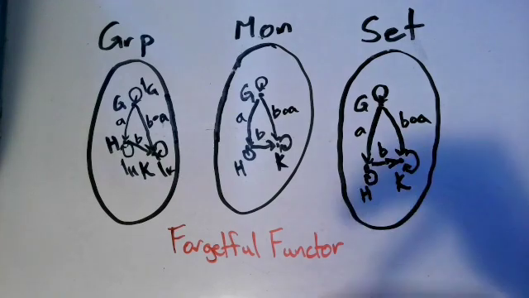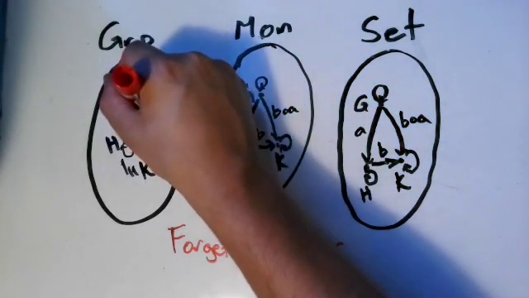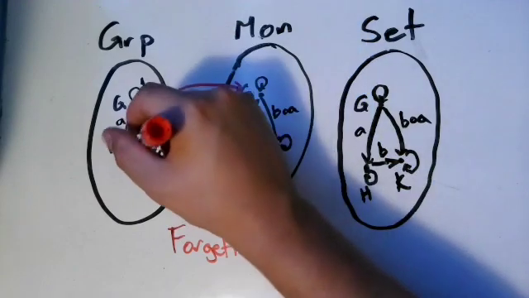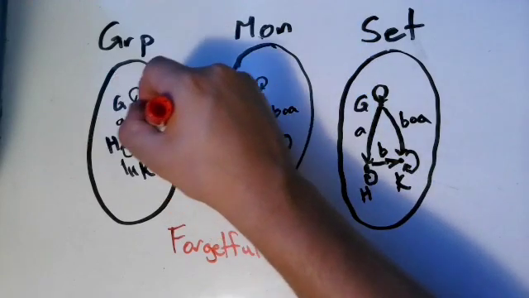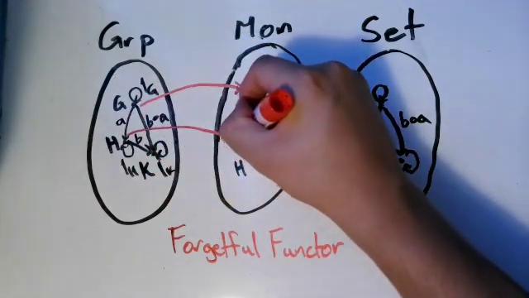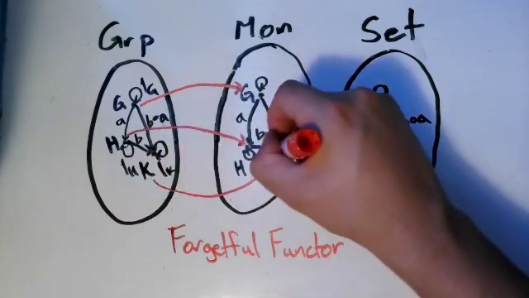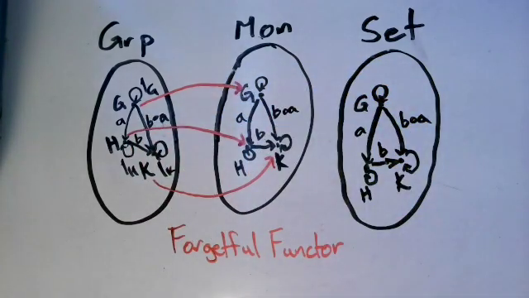So we, of course, could just map every group in the category of groups to itself in the category of monoids, since we know that we'll always find every group in the category of monoids.